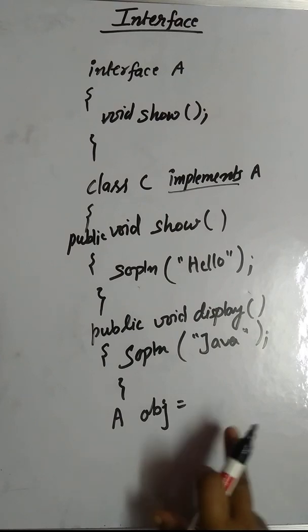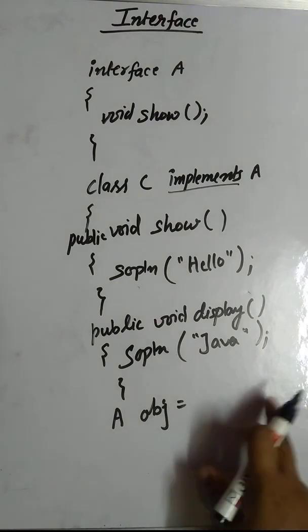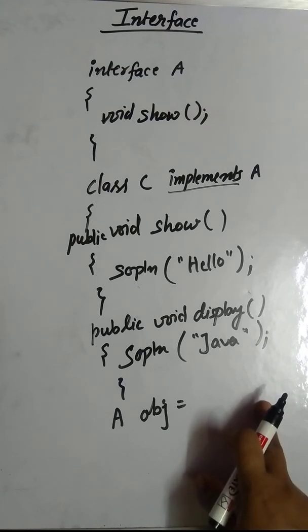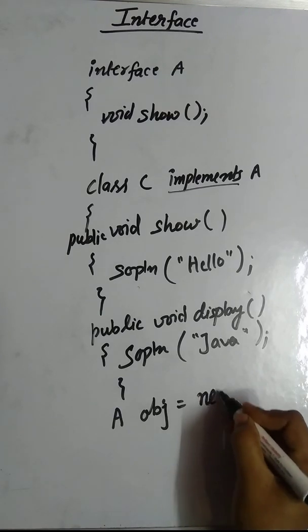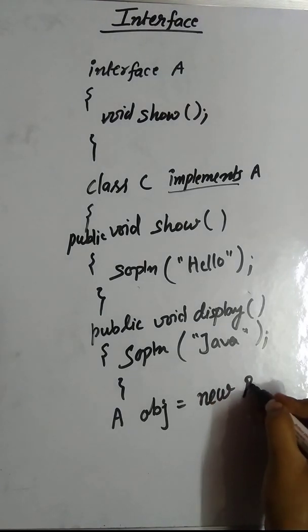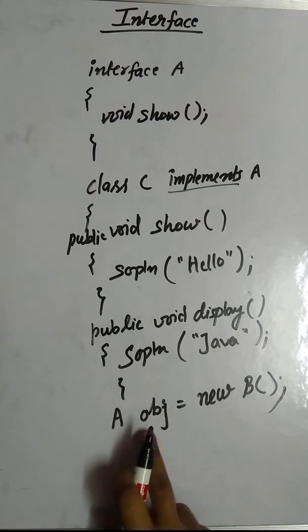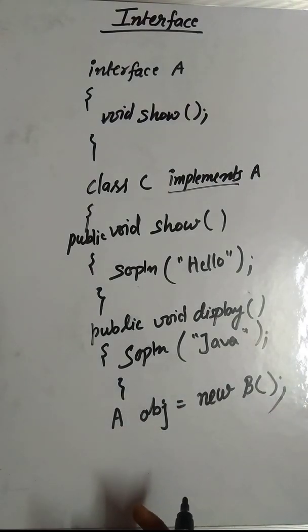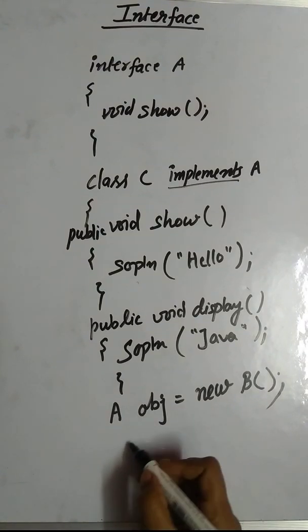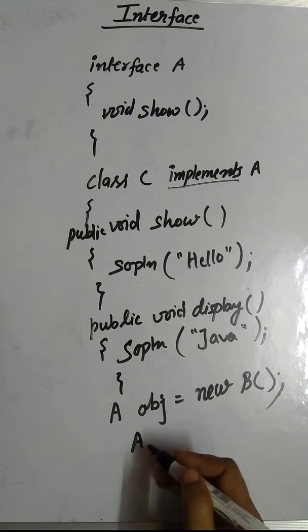We cannot create the object of A, meaning we cannot write new A. It is not possible because A is the interface, but we can provide the memory of B. We reference A while providing the memory of B. B is a class, so it can provide the memory for the interface.